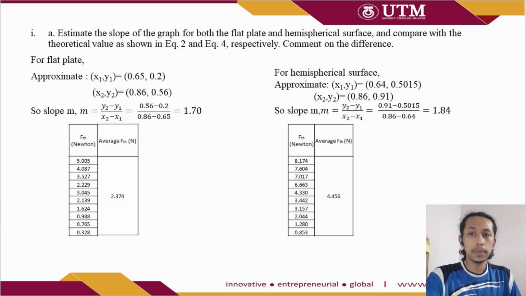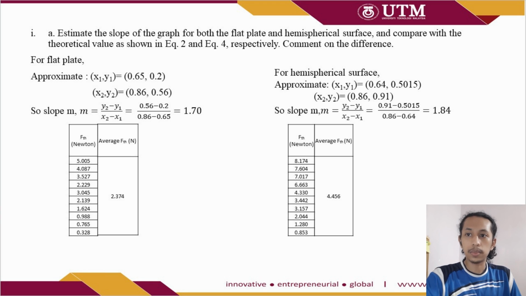We do the same for the hemispherical surface, and we get that the slope m is 1.84. We calculated the average theoretical force for both, and for the flat plate it is 2.374 Newton, while for the hemispherical surface it is 4.456 Newton.